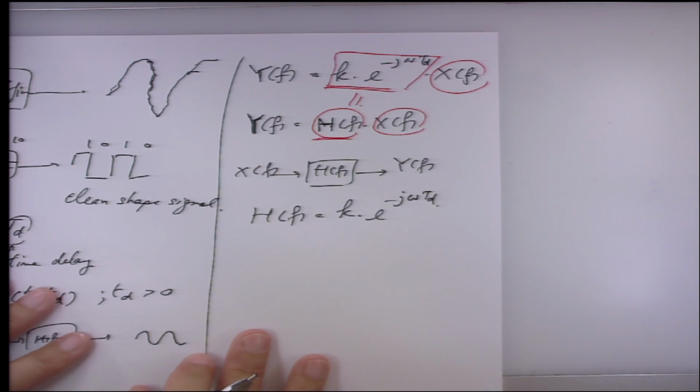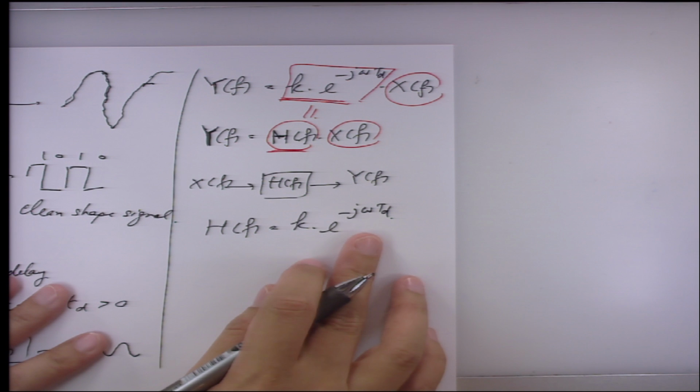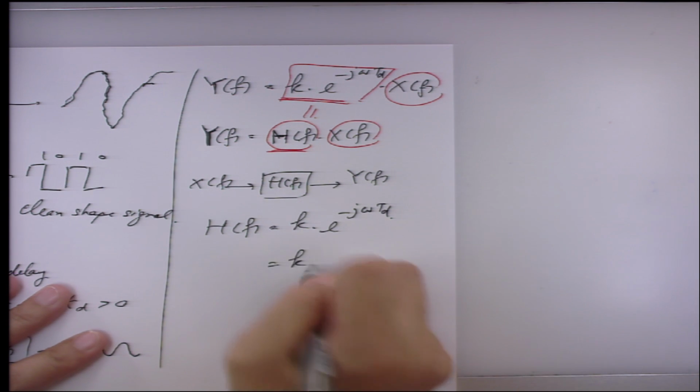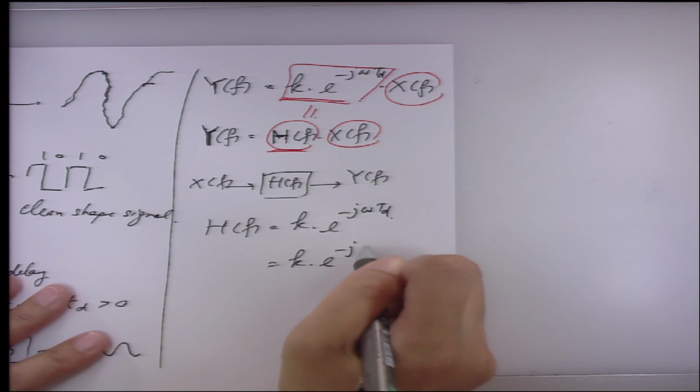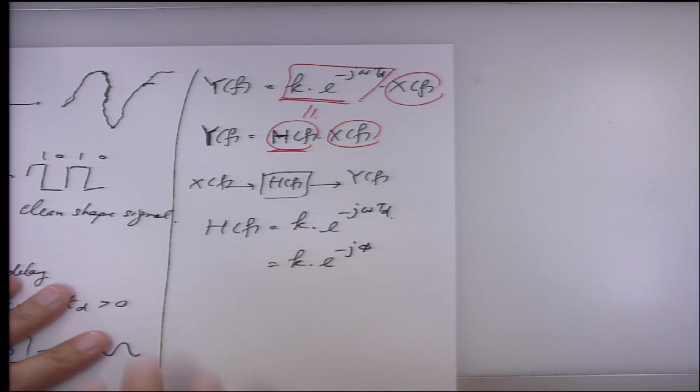So this is our criteria. Or we can write this as minus j and phase.